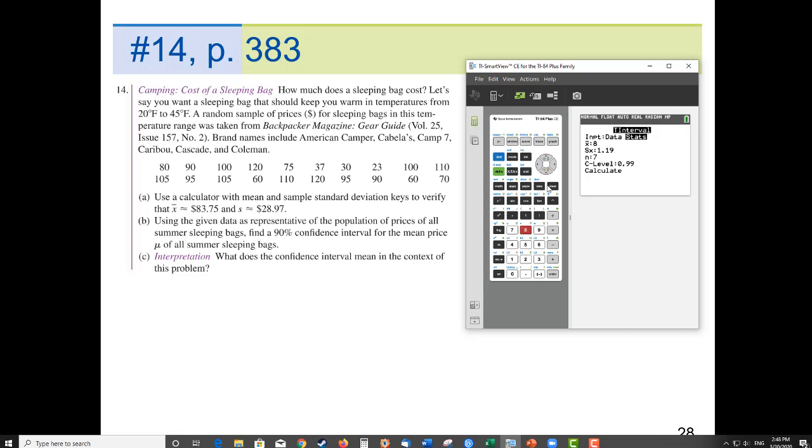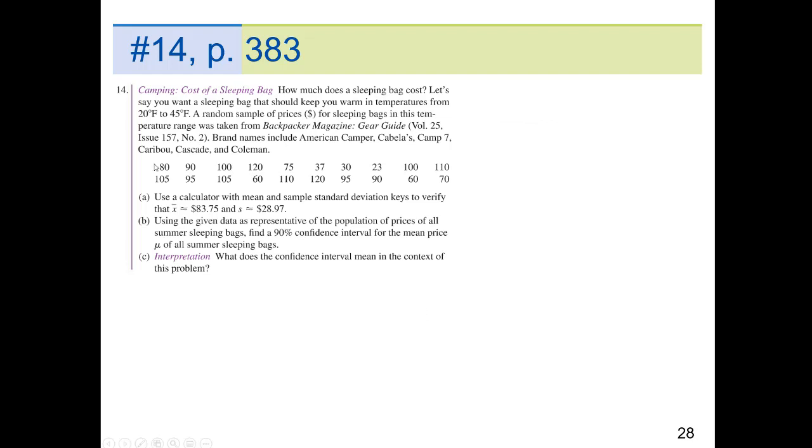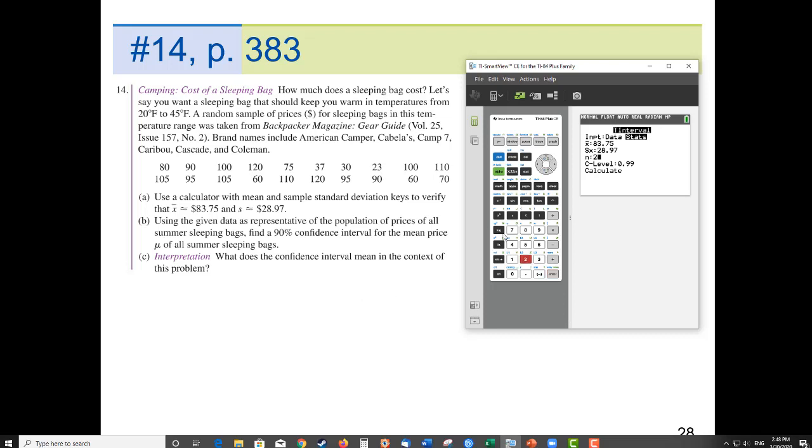We're told that X bar is 83.75. We're told that the sample standard deviation is $28.97. And we have, let's see, 2, 4, 6, 8, 12, 16, we have 20 sleeping bags, if I counted that correctly. And our confidence level is going to be 90%.